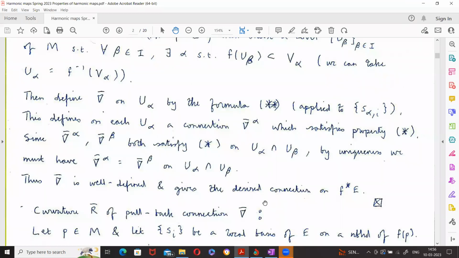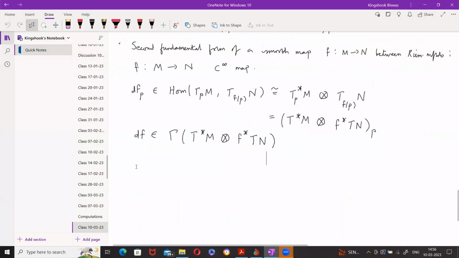Okay. So now we can define the second fundamental form.